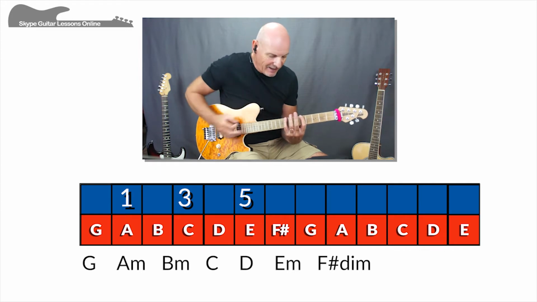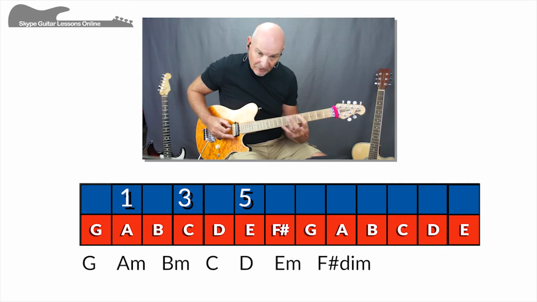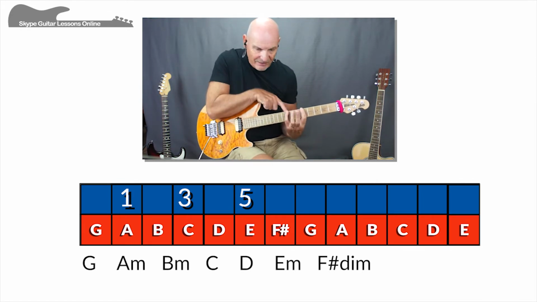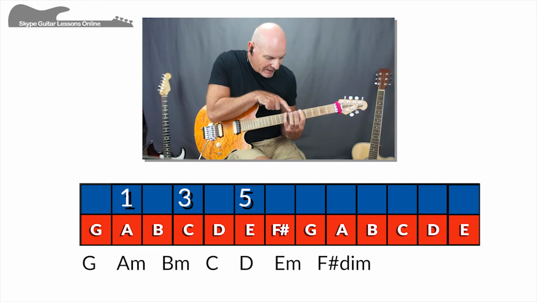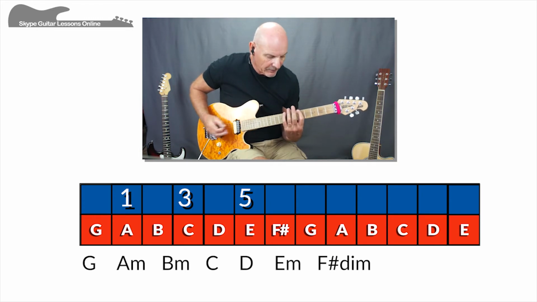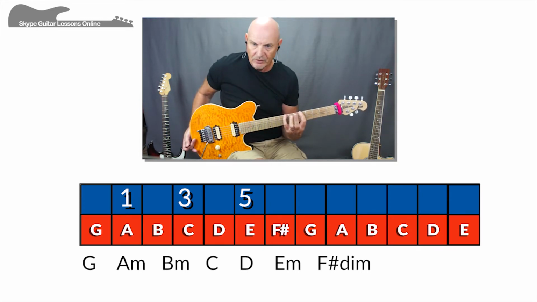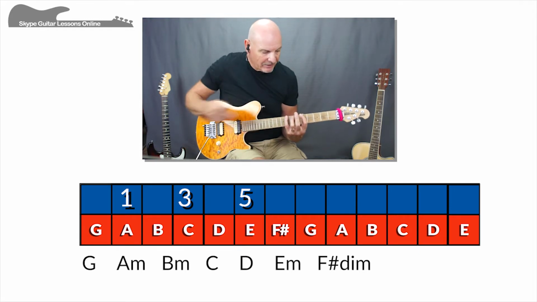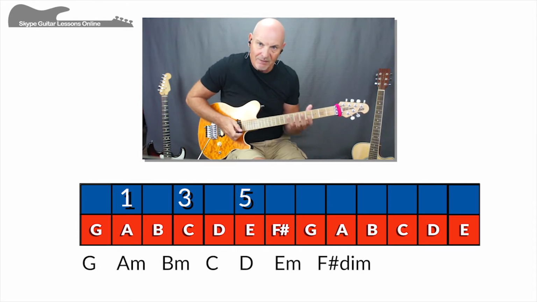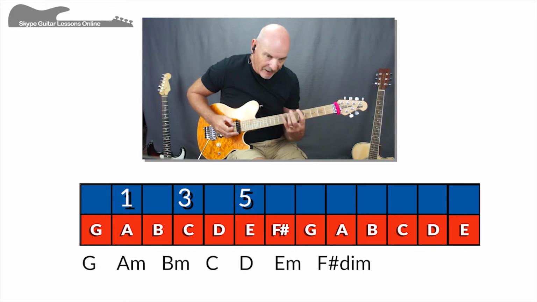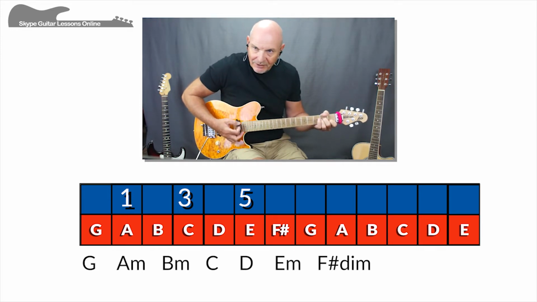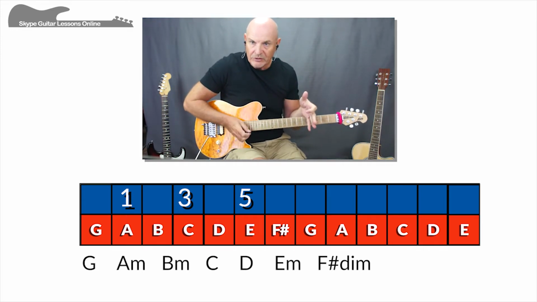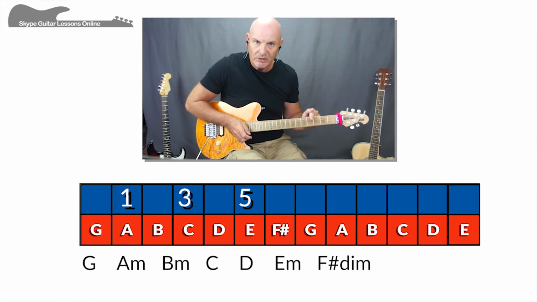And that is C. And the perfect fifth, again moved up, is an E. Now because this interval between the A and the C is only 3 frets, what we've got there is a minor third. So this is going to be an A minor chord, because it's built off that minor third. So we can now add A minor to the list of chords that we can play over a G major scale.